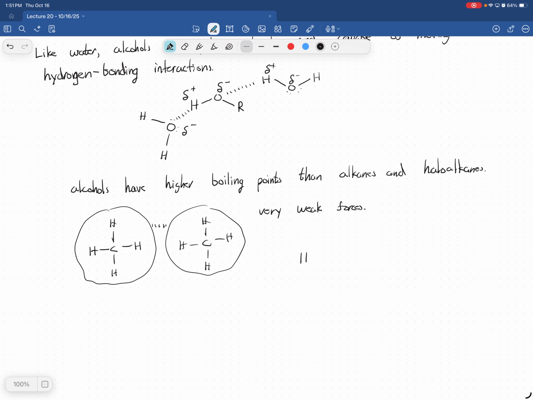Okay, but if we compare a molecule of methanol, like so, that's a much stronger force because there's actually partial charges.